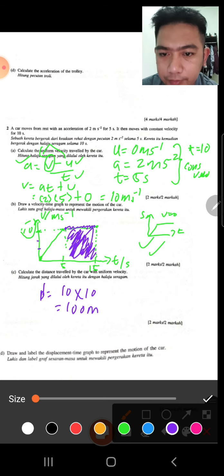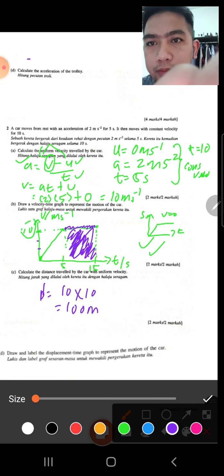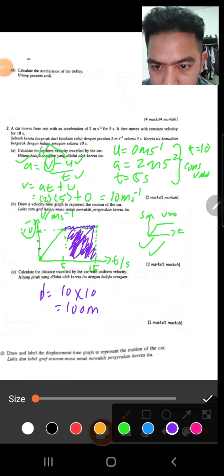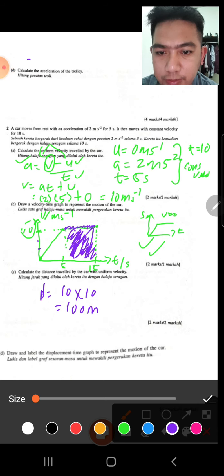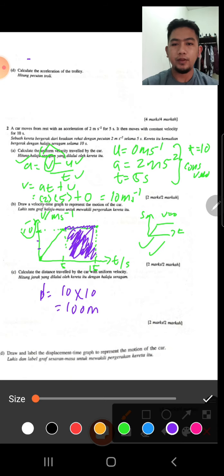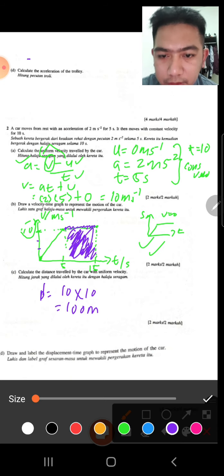So D, draw and label the displacement time graph to represent the motion of the car. So now it is a displacement time graph.